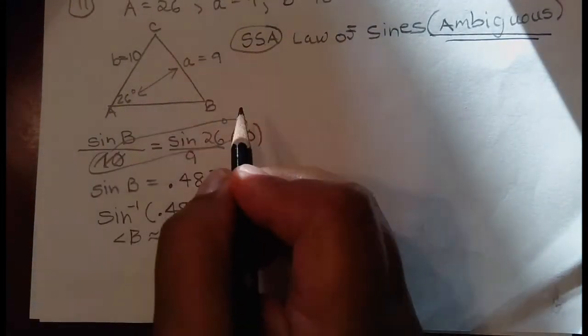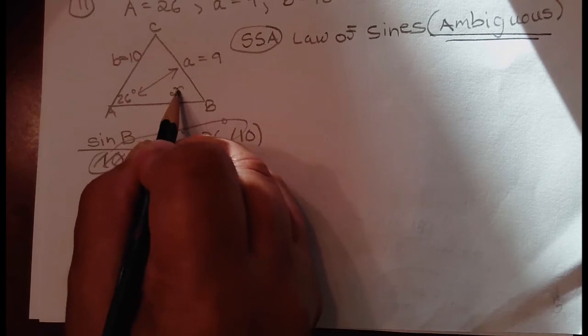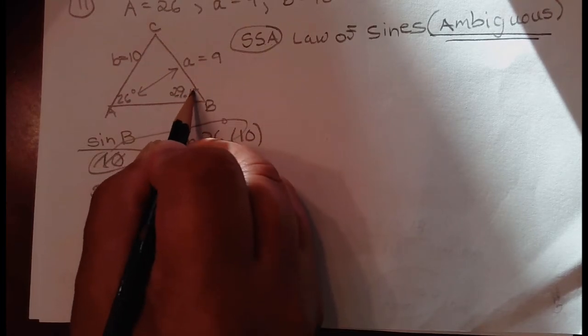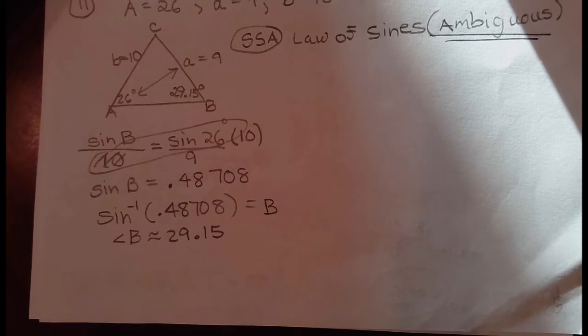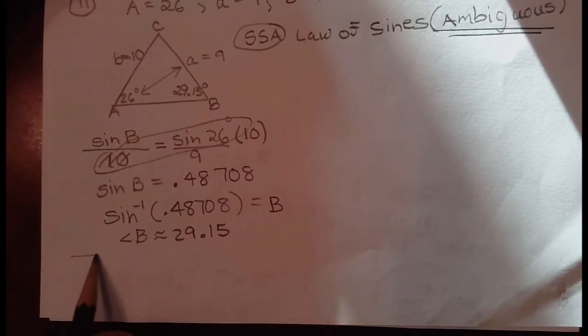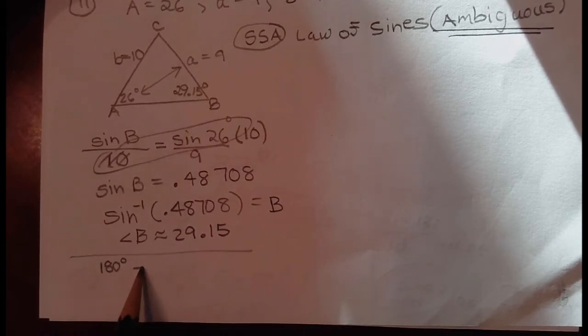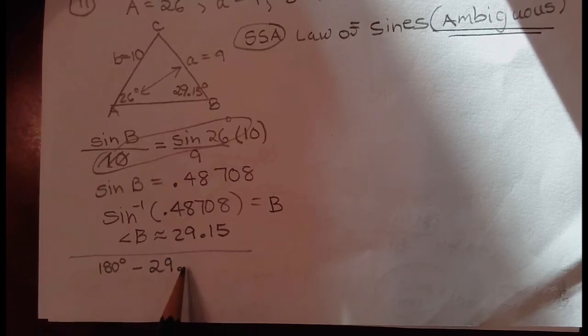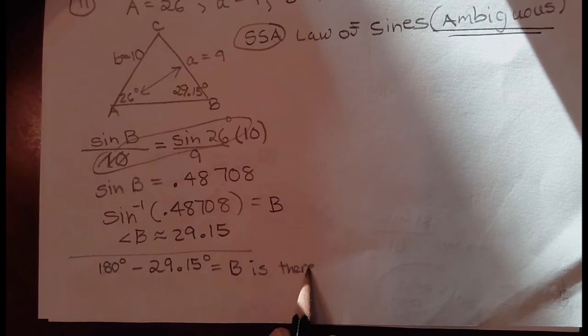In order to entertain that possibility, you're going to come off to the side and go 180 minus what you know it can possibly be, in order to say, is there another possibility for angle B? Because if there is, you have to draw another triangle and do two sets of answers.